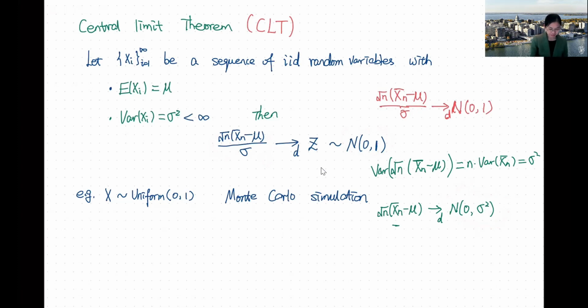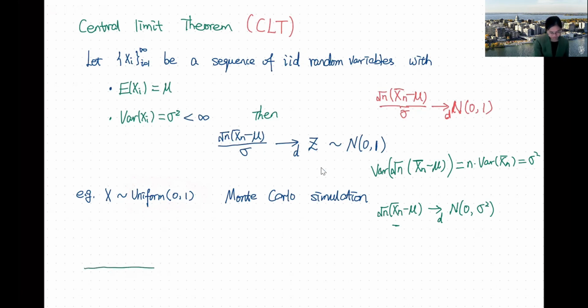Before doing some examples regarding using the central limit theorem, I want to show you some Monte Carlo simulation to see the power of the central limit theorem. In the Monte Carlo simulation, I'm going to draw samples from a uniform 0-1 distribution.